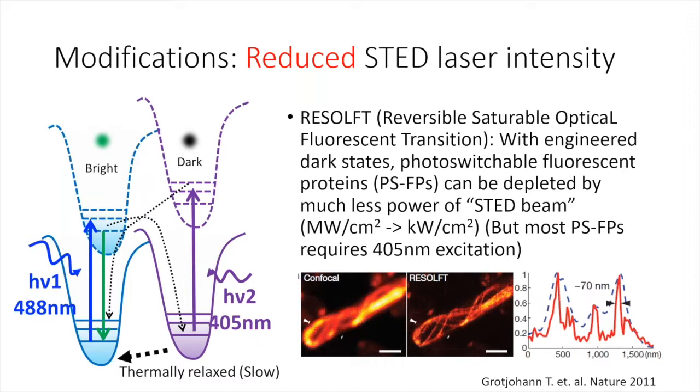This is called RESOLFT, and they can get similar resolution with this technique. But at the same time, for the photo-switchable fluorescent proteins, it needs 4 or 5 lasers, and the blue laser can also create some damage to your sample. So this is another caveat of this technique.